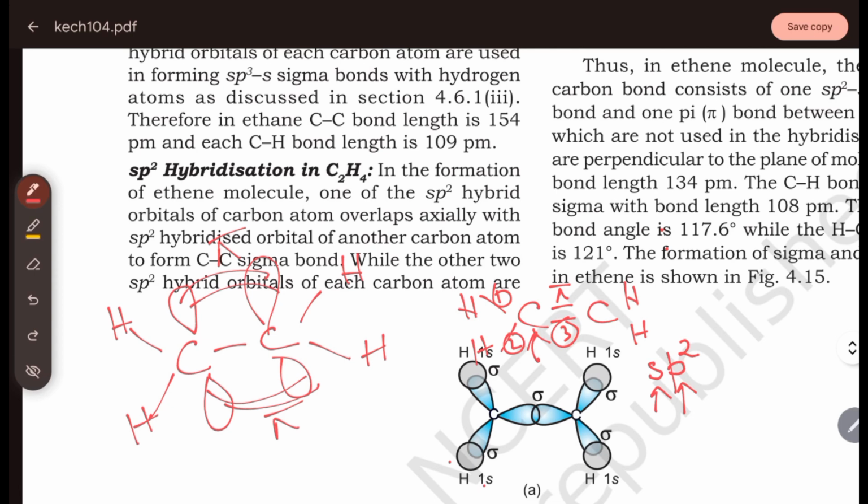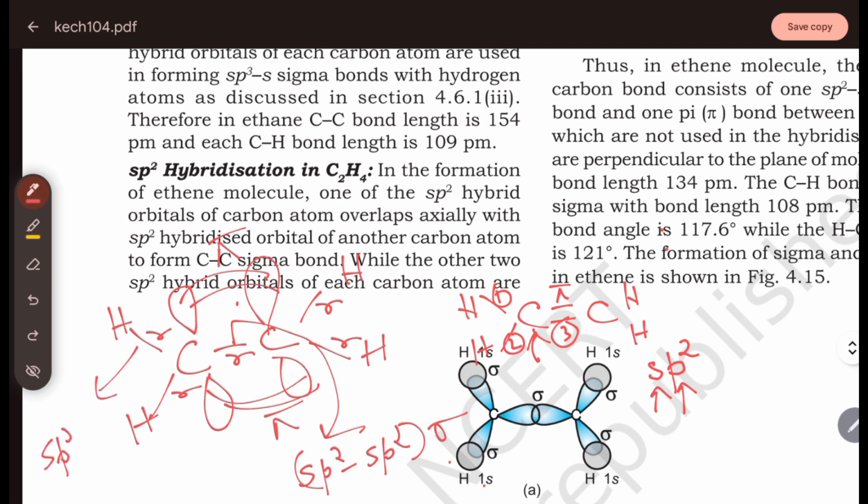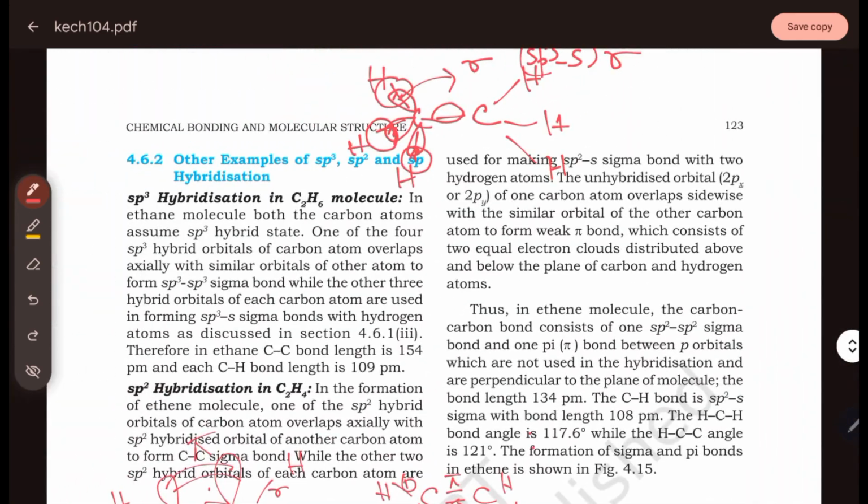So here is the pi overlap and this is sigma, sigma, sigma. Here so many sigma bonds are obtained and this sigma which I am talking about, this is sp2 sigma which is obtained by the overlap of sp2 hybridized orbitals of the carbon, and with hydrogen is sp2s sigma which is obtained by the sigma overlap of sp2 hybrid orbital of carbon to 1s orbital of hydrogen.